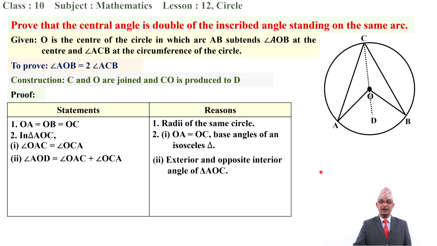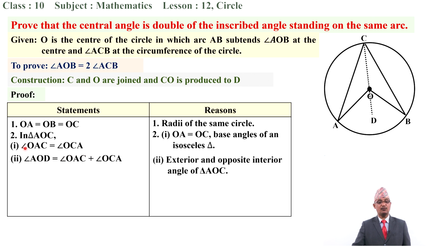But we are finding the relation between the central angle and the inscribed angle. Look here, AOD is part of the central angle AOB. OCA is part of the inscribed angle ACB. But what about this OAC? This OAC is neither part of the inscribed angle ACB nor part of the central angle AOB, so we need to replace it.